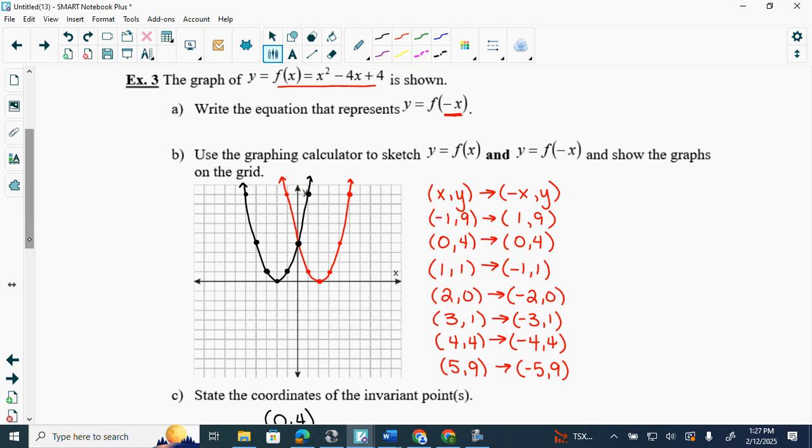Now, we have to do the equation. Remember, when it reflected in the x-axis, it made my y's negative. We agree? But if it reflects in the y-axis, it's going to make my x's negative. Yes? So my equation currently is f of x equals x squared minus 4x plus 4.